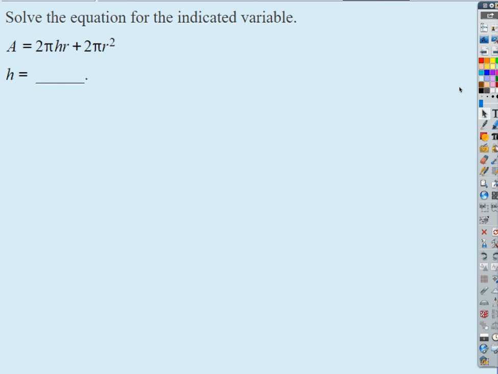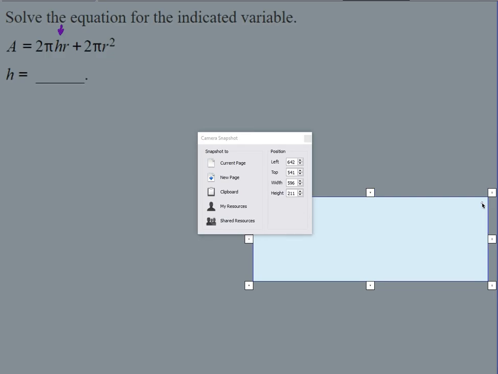All right, I don't want to spend a lot of time on this one, but if we're solving for the indicated variable, so we're solving for h, there's h. So what am I going to do this time? I've got to isolate the h, good.